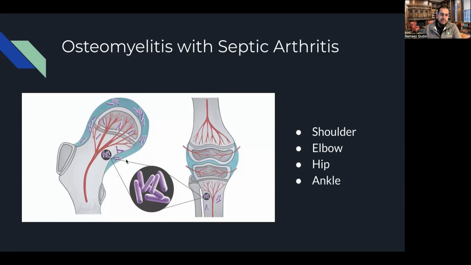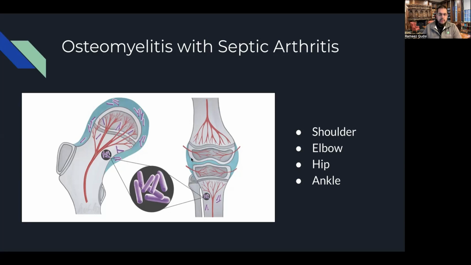And we know that the metaphysis is where often there's seeding with bacterium if it's a hematogenous spread because of the smaller blood vessels, the capillaries, and then the physis. And so if you do have seeding and if you do have osteomyelitis, that can break out into a septic arthritis, or even vice versa. If you have a septic arthritis, it is in contact with the metaphysis for seeding.